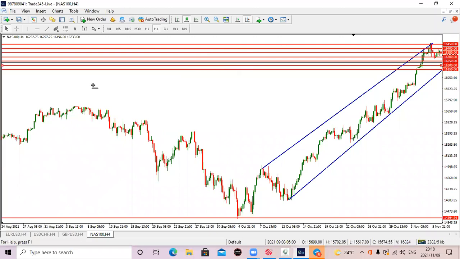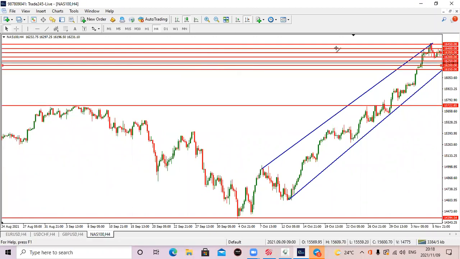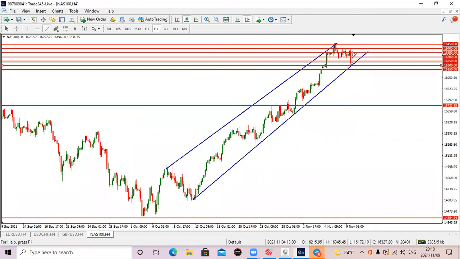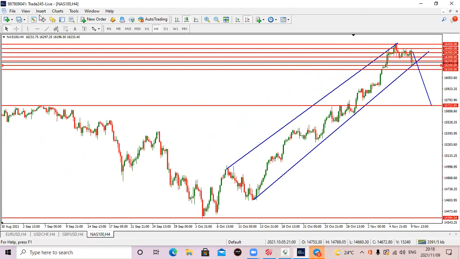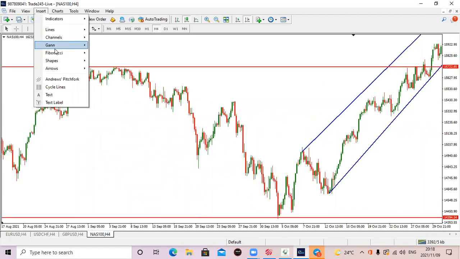So if Nasdaq breaks, thereafter we're going to look for an opportunity to break until, so that will be your target. In case we break below this structure, we can expect the market to go all the way down. Why we can expect that is because of the guys who are using the order blocks and everything.